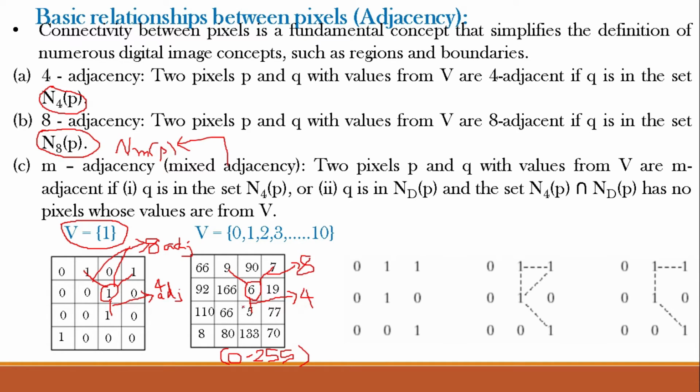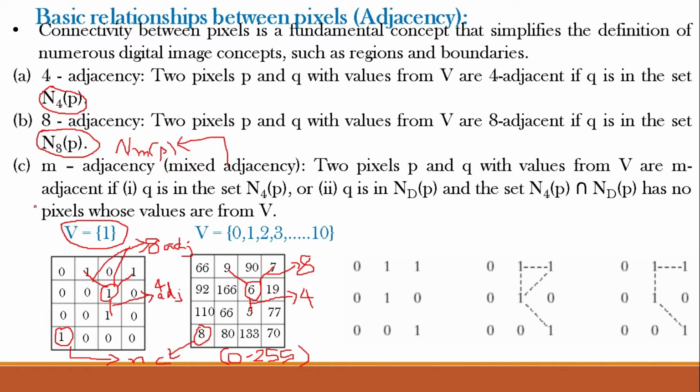Say from this image one other pixel is also present which is having value 0 to 10, that is 8. But this 8 pixel cannot be connected to any of the pixel directly or diagonally. So this is not connected. Similarly, for this binary image, this particular pixel is not connected to any pixel.